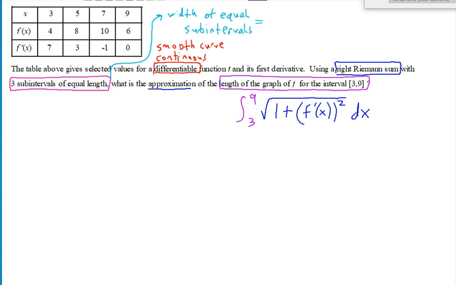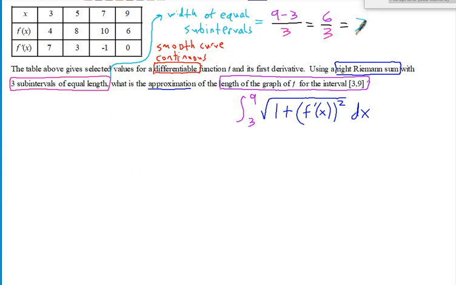So remember, you take the width of the whole interval, in this case b minus a, 9 minus 3, and then divide by the number of subintervals, which is 3. So 9 minus 3 is 6, divided by 3 gives you 2.